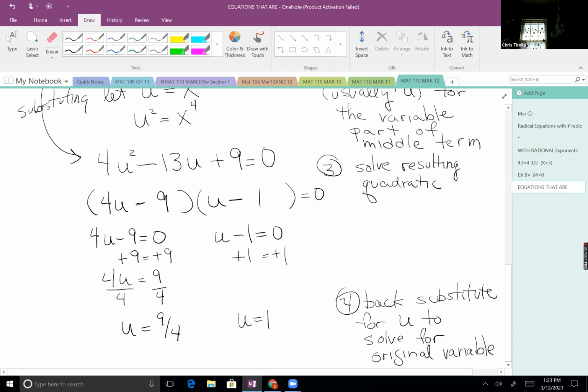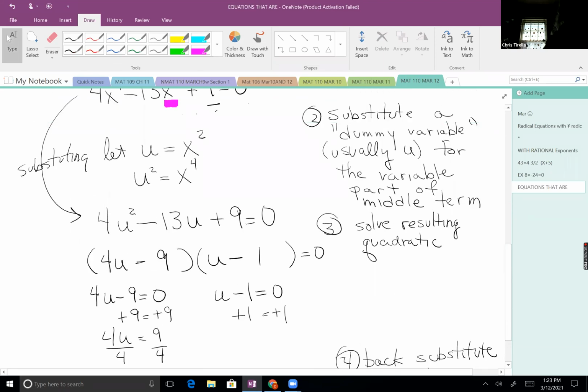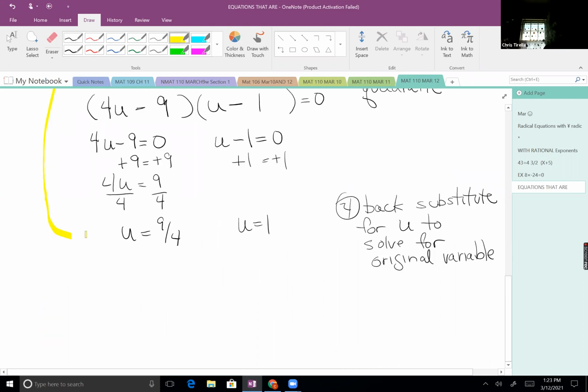Well, up here, we had said that u is x squared. So I'm going to go down here and say, well, u is x squared. So that tells me x squared is 9/4, or x squared is 1.